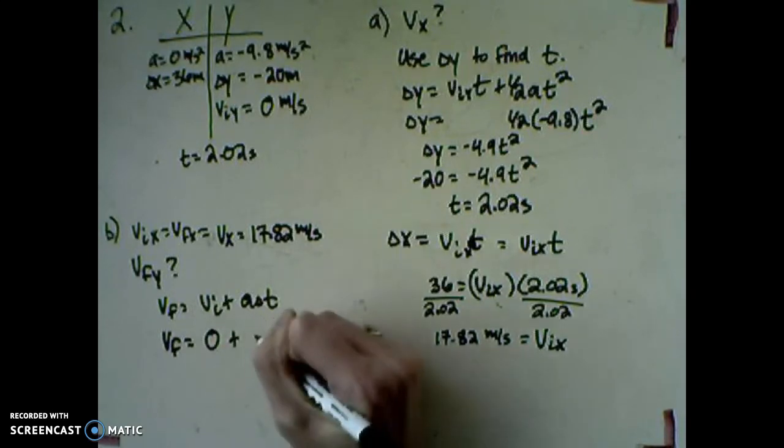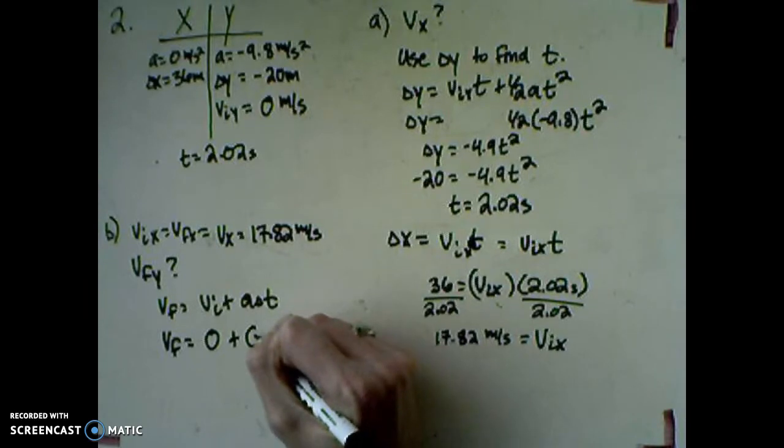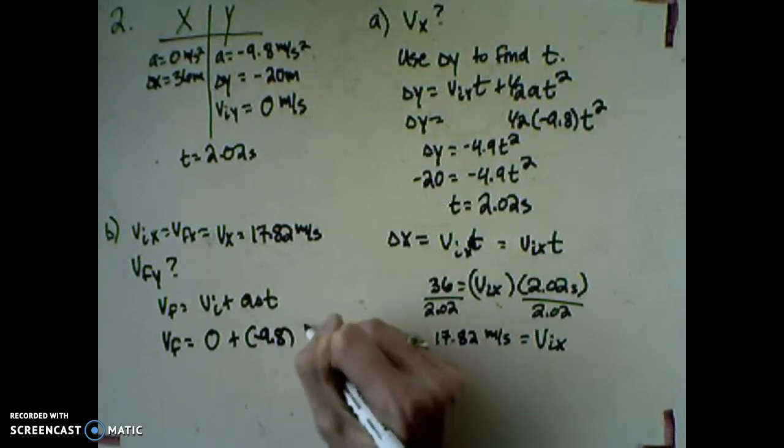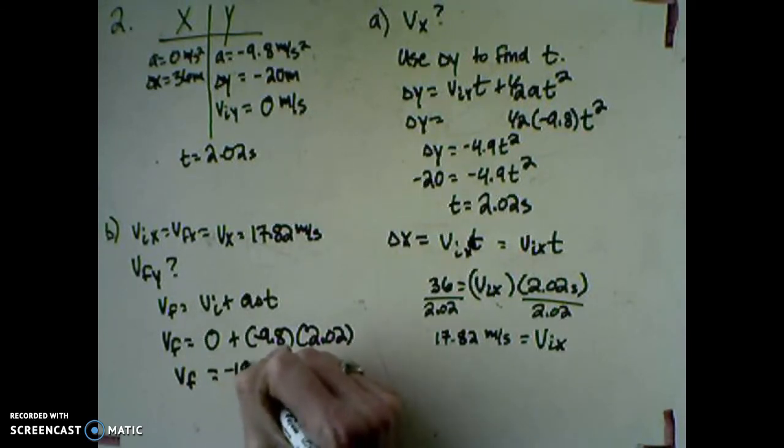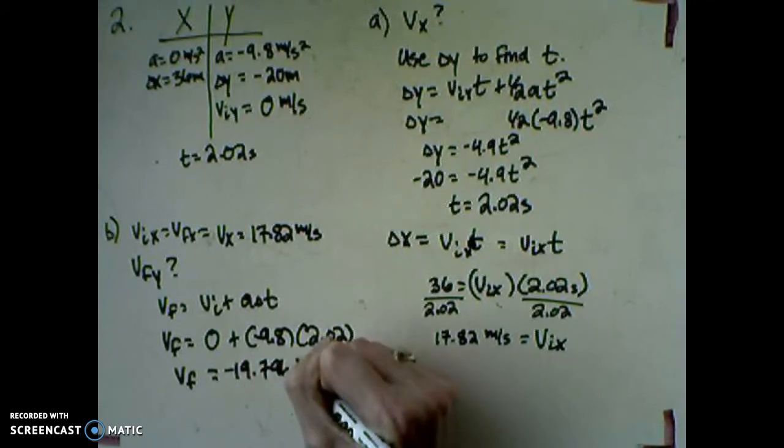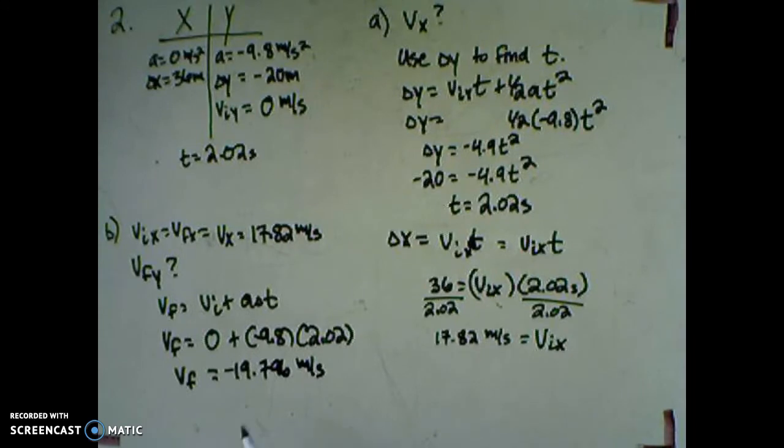Initially it's 0, and then I have negative 9.8 times 2.02 seconds gives me a vfy of negative 19.796 meters per second. Again, just like in number 1, that is not my final answer. That's part of my final answer.